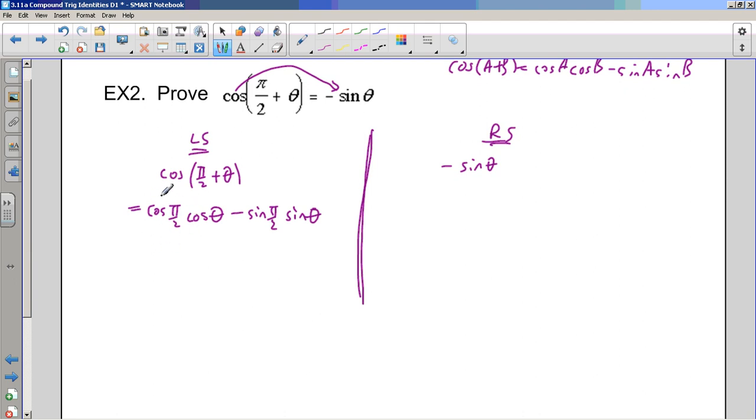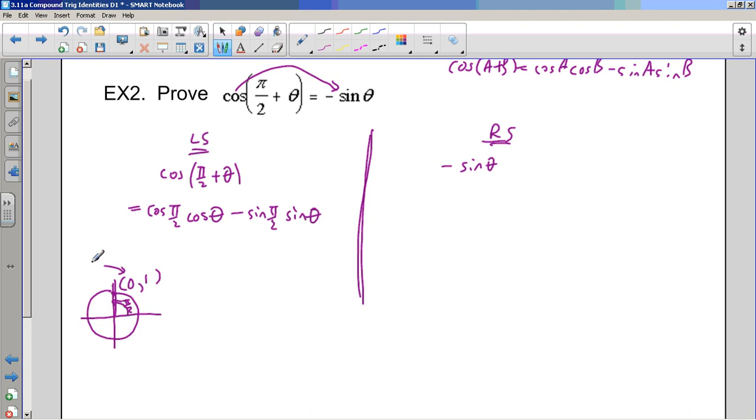And you might know this for a fact, or you might have to think about it. The cos of pi over 2, I could think of in terms of rotation angles on the unit circle, right? There's the rotation angle of pi over 2, and then the coordinates of where it crosses the unit circle are the cosine and the sine.